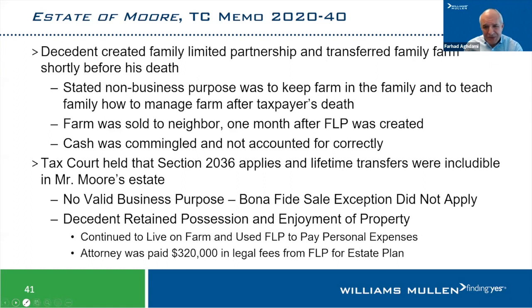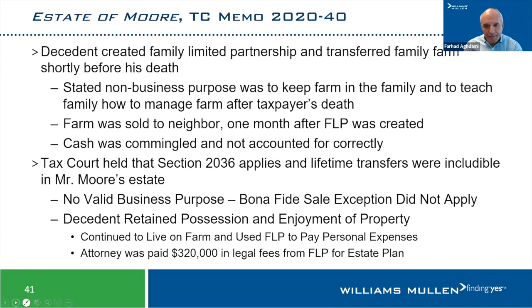And there was all sorts of mismanagement in terms of they were commingling funds. The client continued to reside in the property. They're paying personal expenses out of the family limited partnership. The attorney who designed all this charged a design fee. He's paid $320,000 for essentially forming a family limited partnership and transferring these interests to a trust.